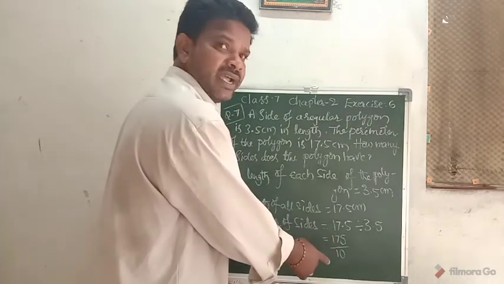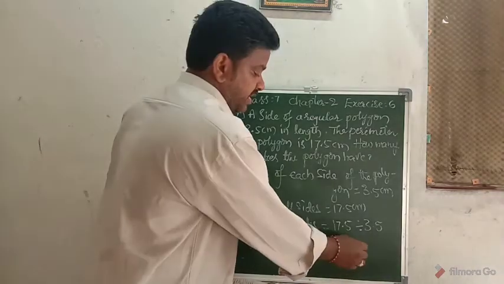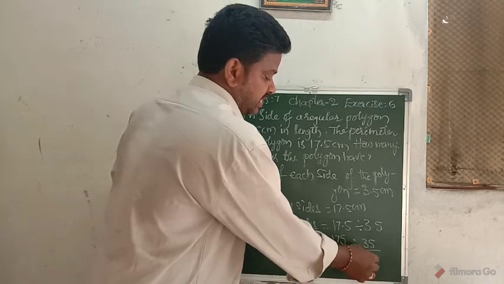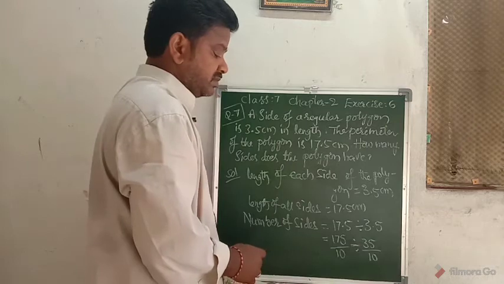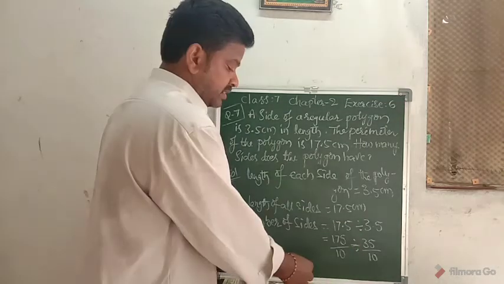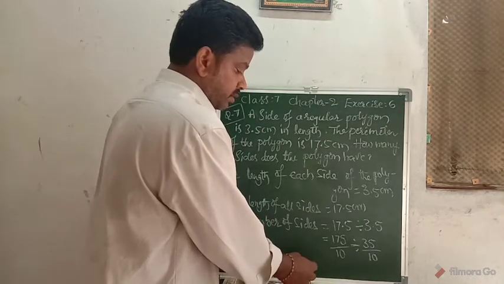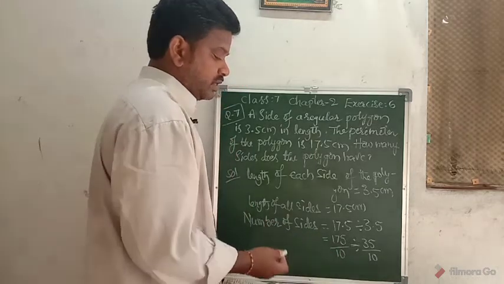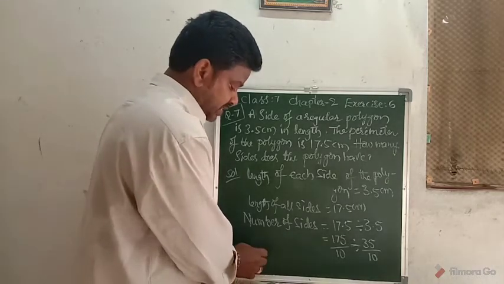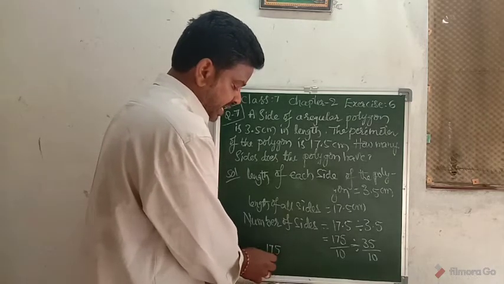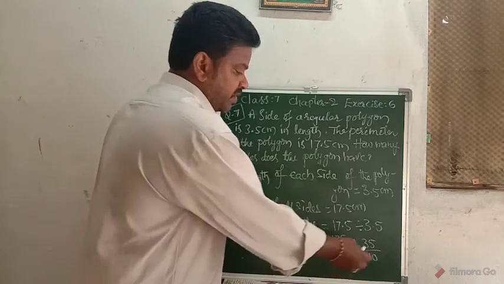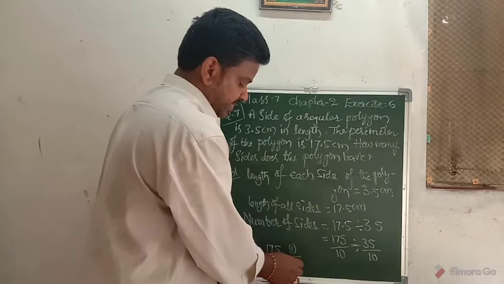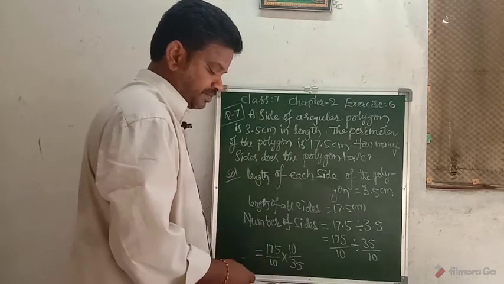So 175 by 10 divided by 35 by 10. Now it is fraction division. So 175 by 10 into the reciprocal of 35 by 10, that will be 10 by 35.